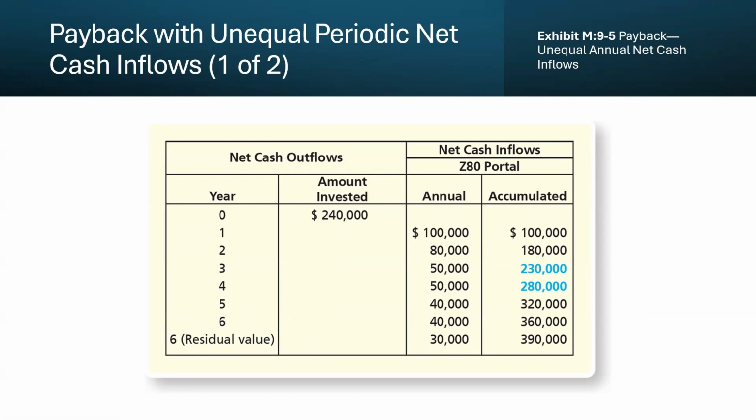Now, since the expected net cash inflow in year 4 is $50,000, you see here, the company will recover more than the initial investment by the end of year 4, which is $280,000. Therefore, the payback period for the Z80 portal is between 3 and 4 years.